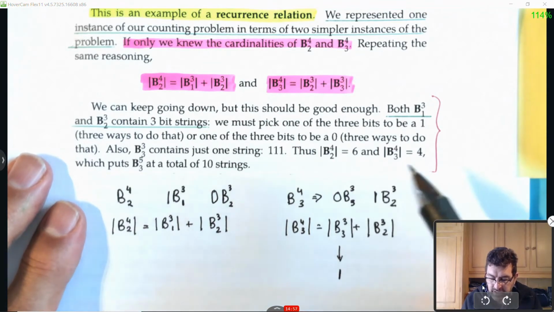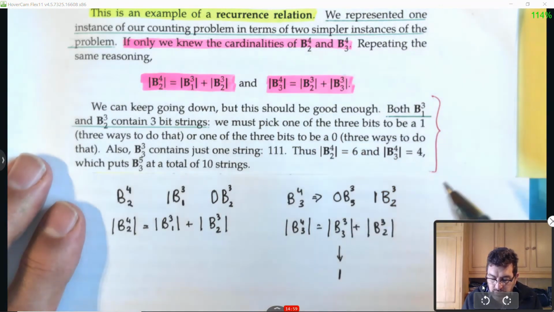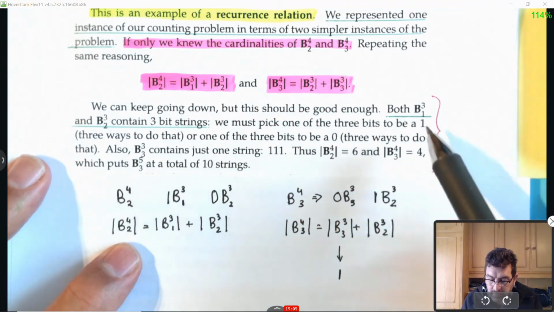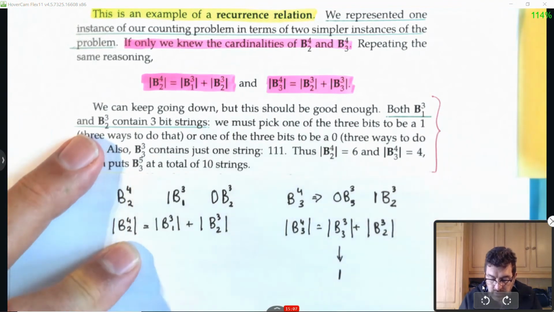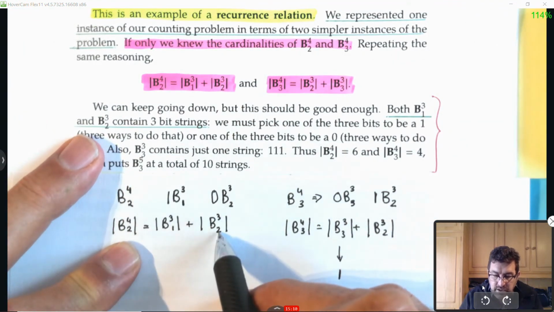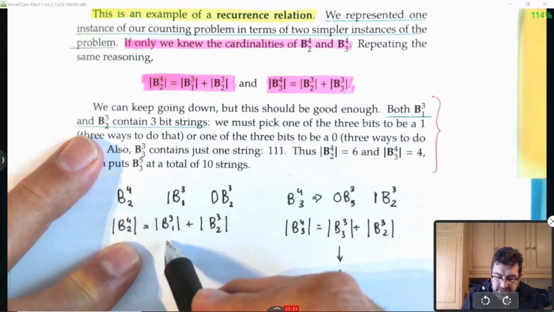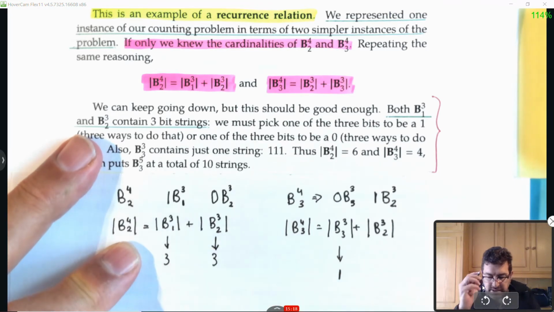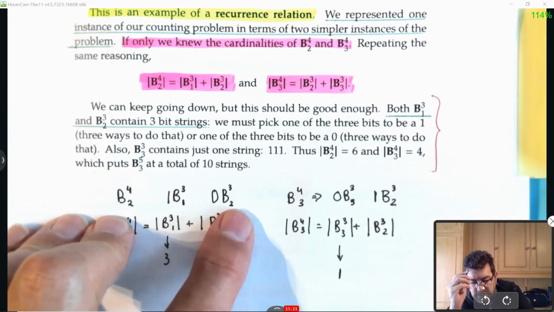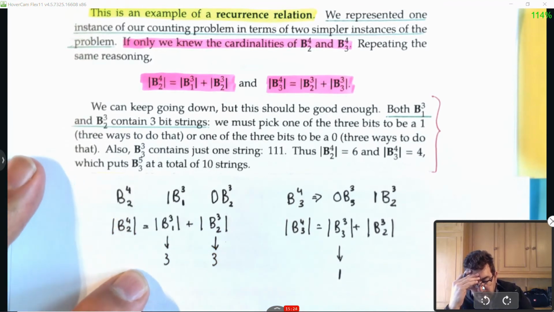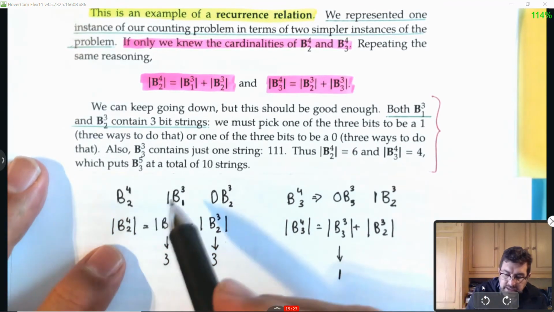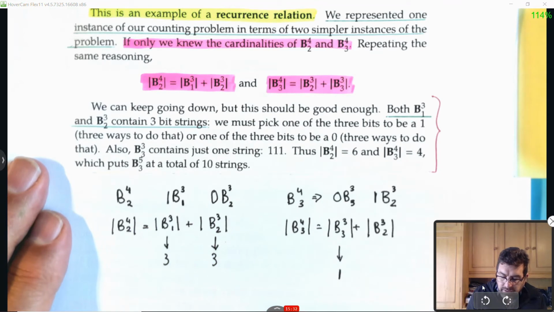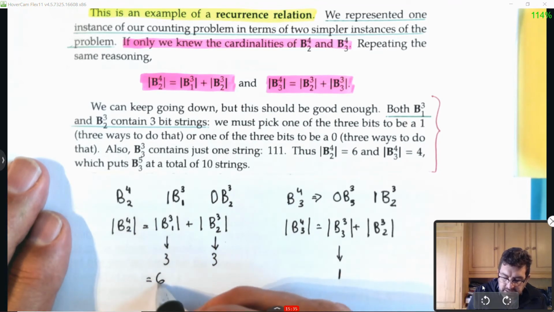Okay, B4,2 over here, we had B3,3 here, B3,1 and B3,2, each containing 3 bit strings. So there's 3 possibilities here, and there's 3 possibilities depending on how I chose these to start off with. So the cardinality of this set B4,2 will then be 6.